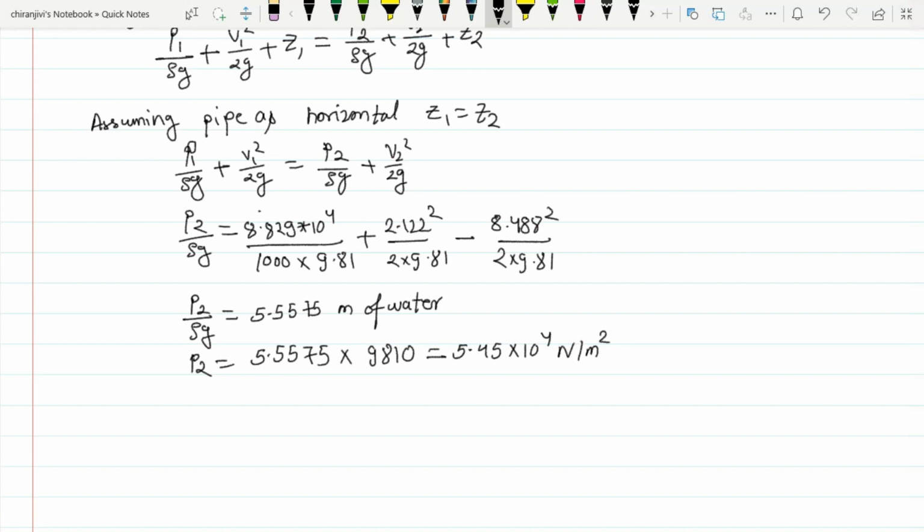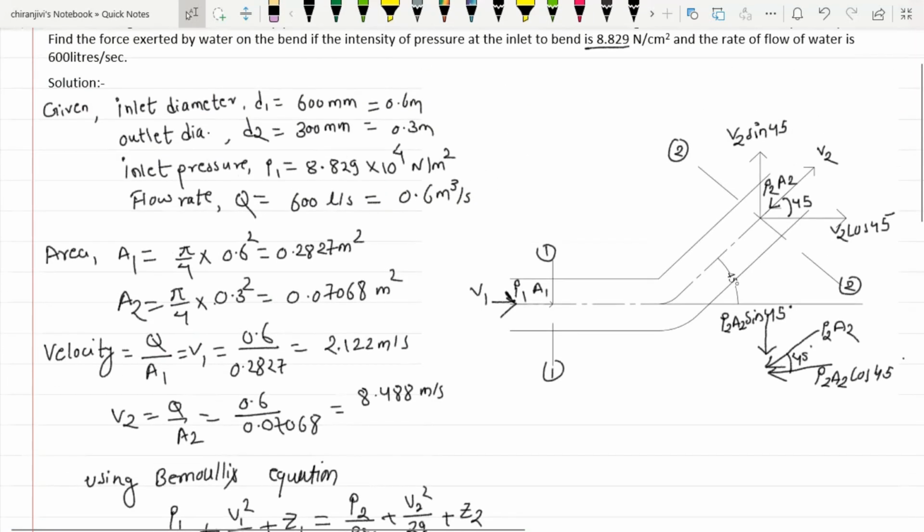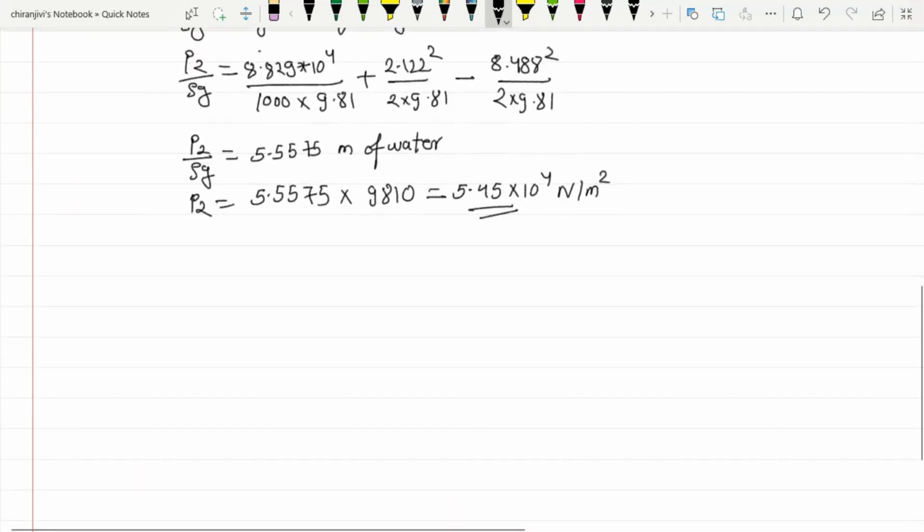So here we have to check this value of P2 with the pressure at section 1. Here we have P1 8.829. P1 is greater than P2. So pressure flows from high pressure region to low pressure region at section 2, which is correct. Question is also correct and our solution is also correct here.